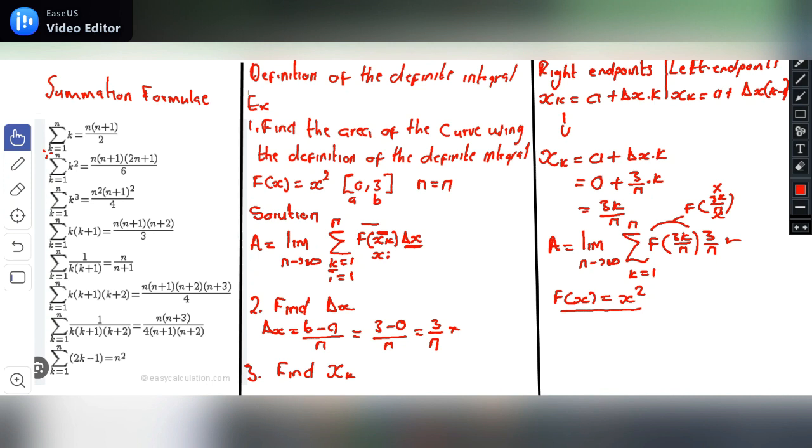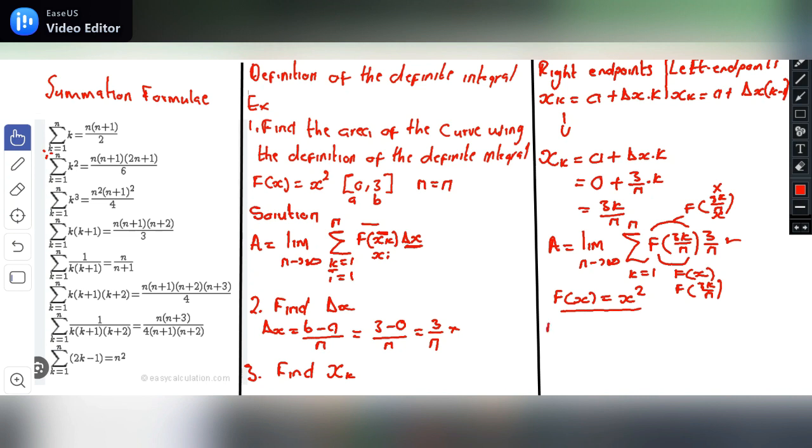Let me repeat it again. Remember that most of the time we know this as f of x, right? So now they replaced it with f of 3k all over n. Can you guys see it? So in this function, where we see x, we are going to replace it with 3k all over n.